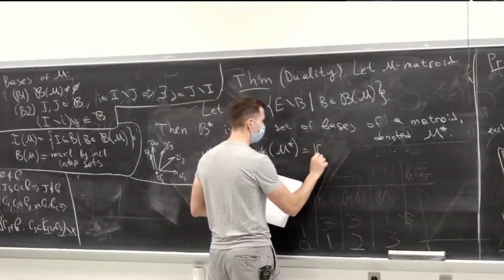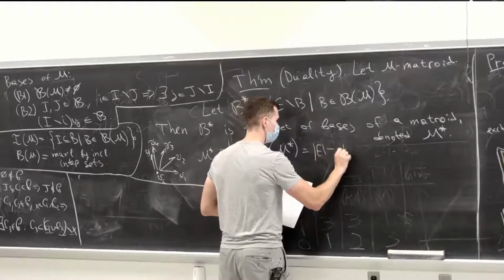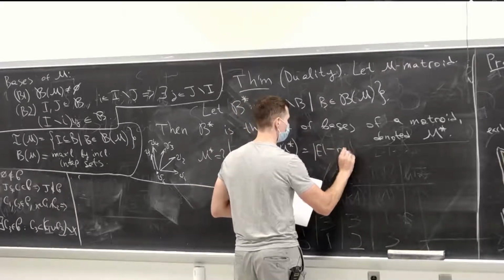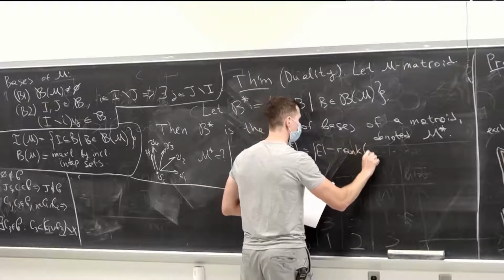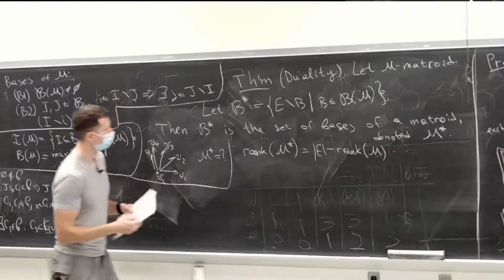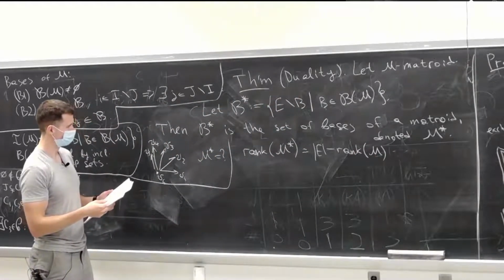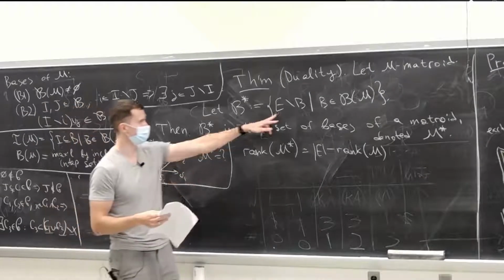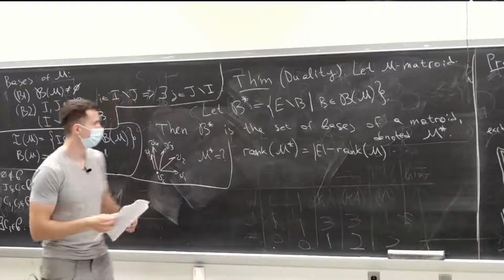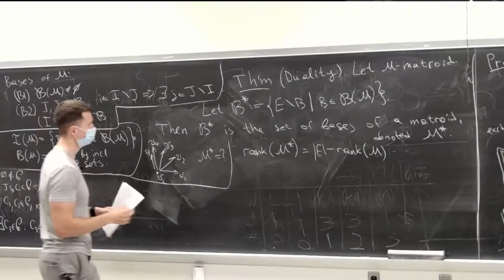Size of E minus the rank of the original matroid. And the ground set is the same. I preserve the ground set.